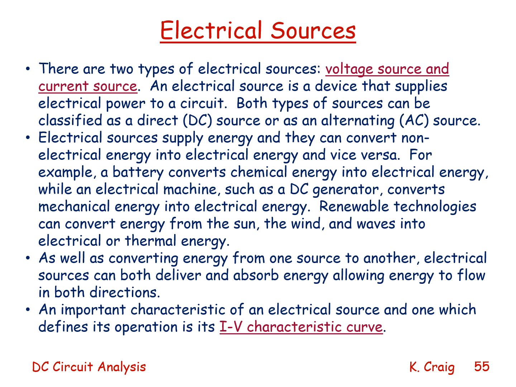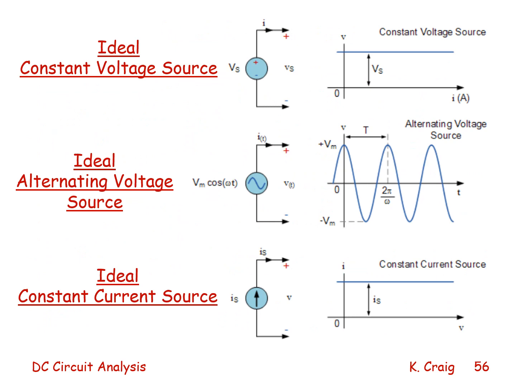An important characteristic of an electrical source, and one which defines its operation, is its current voltage characteristic curve. Here we see an ideal constant voltage source. This voltage source will supply whatever current is required by the circuit connected to it.